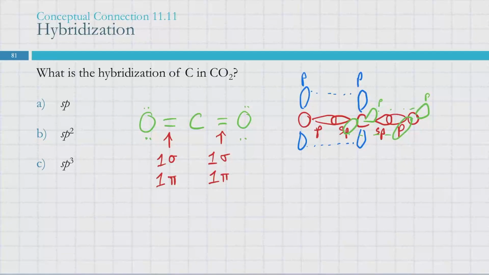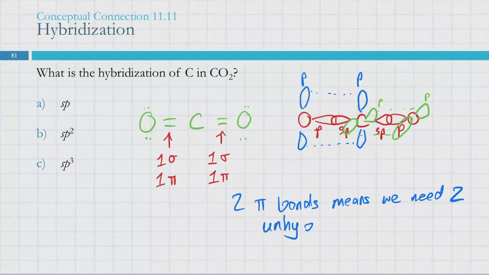So one of the other ways we can figure out this sp is we have to have 2 pi bonds. Means we need 2 unhybridized p orbitals on carbon.